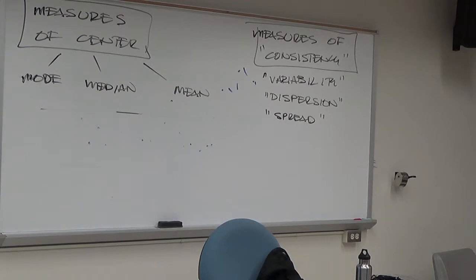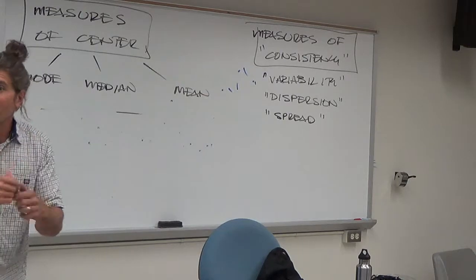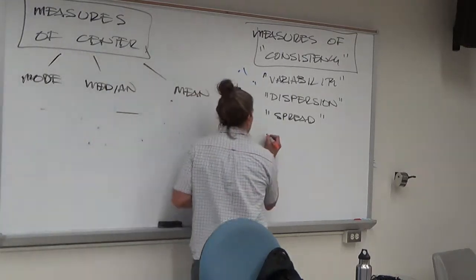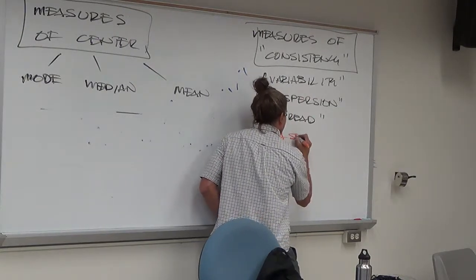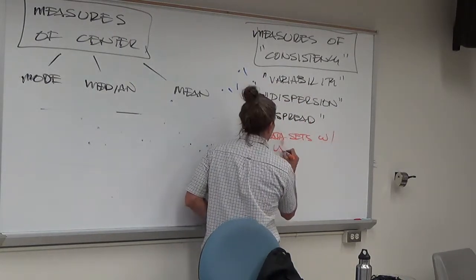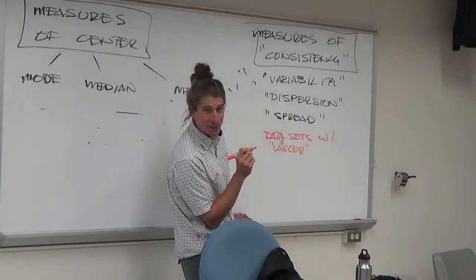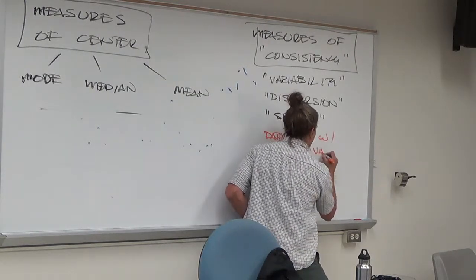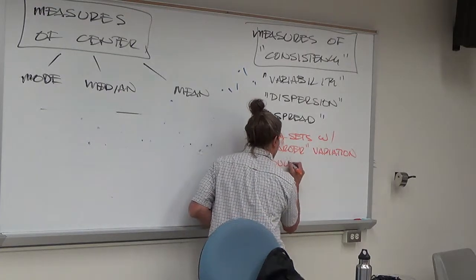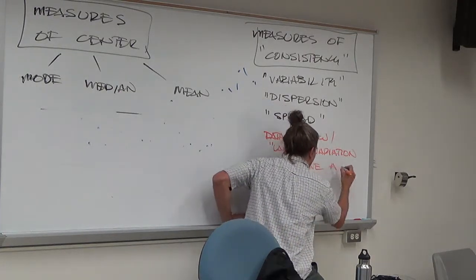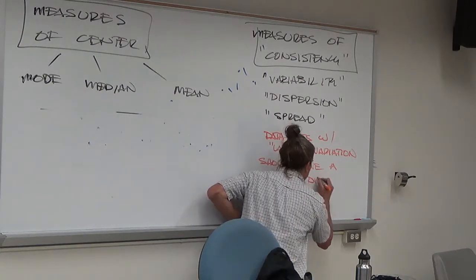So what you guys just did was, you now have a gut feeling, I'm going to put it in orange up here. You have a gut feeling for what variation should be, okay? So data sets with larger, I'm going to put larger in quotes, if that's okay with you guys, because we haven't really defined what large means yet, have we? With larger variation, should have a greater dispersion number.